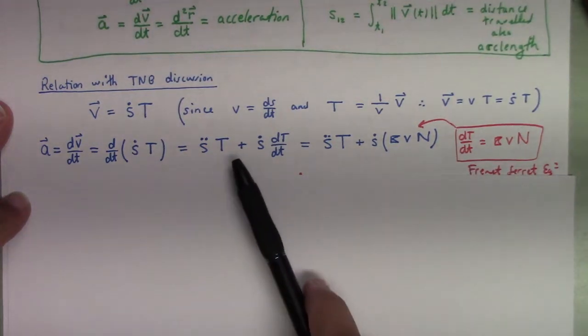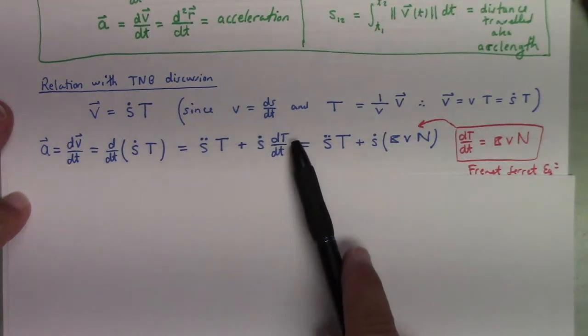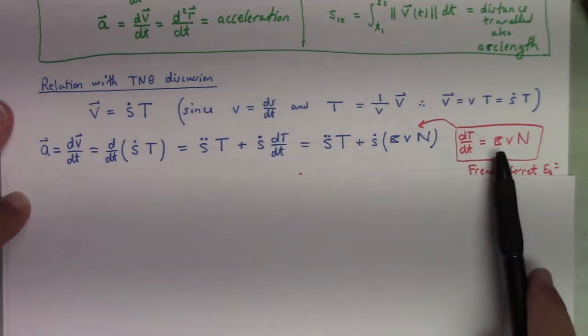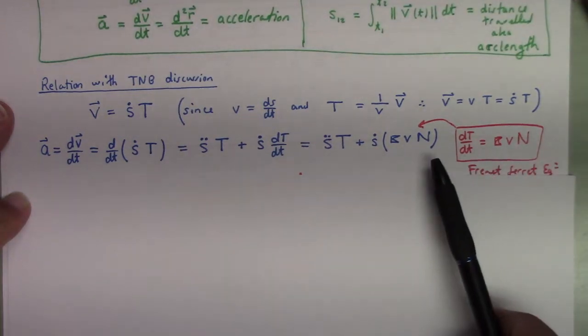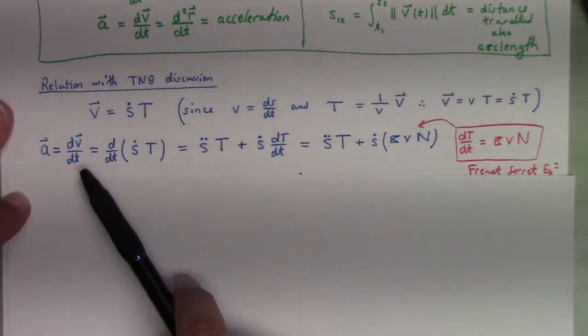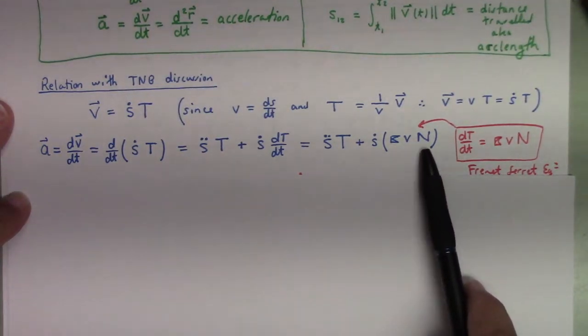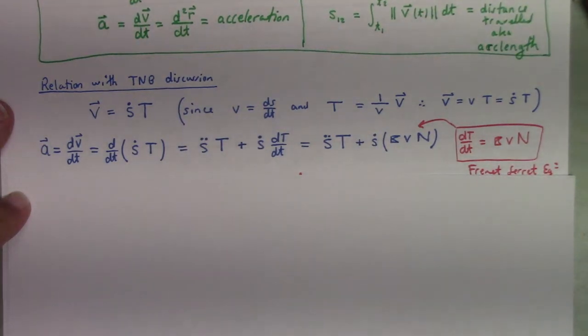All right, well that's great. So that's s double dot times T, and then dT dt we can trade for the curvature times the speed times the normal. That's one of our Frenet-Serret equations. And so this calculation shows you that the acceleration only has a tangential and a normal component. There is no binormal component to the acceleration. That's kind of interesting.